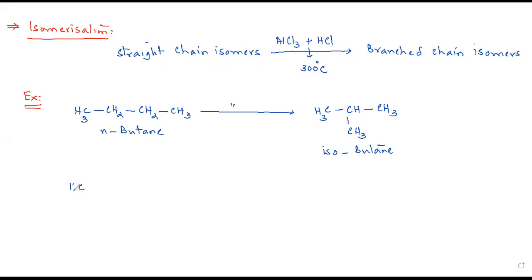If you take say N-heptane, you get a highly branched heptane called triptane with maximum number of branches.